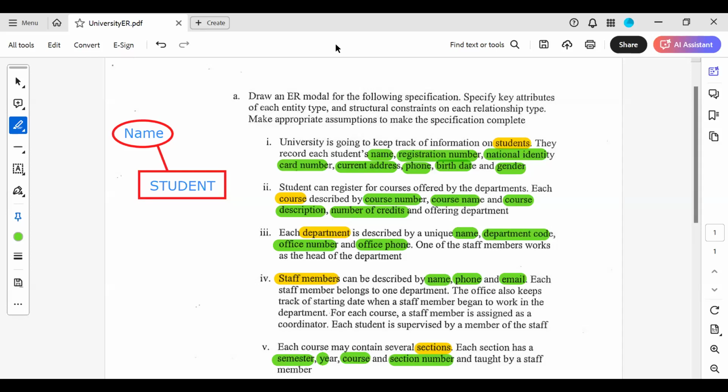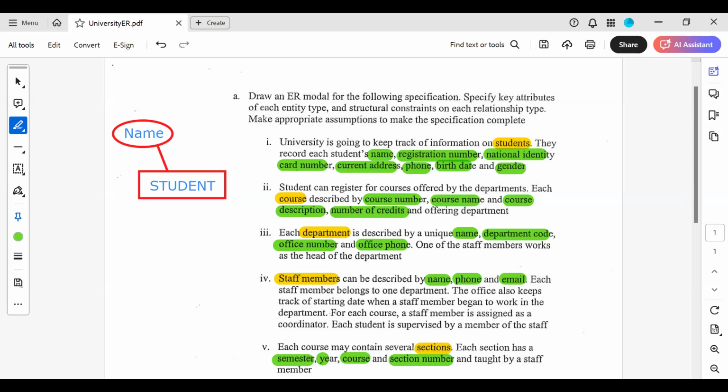Right. Now, can you tell me what the relations are? Students register for courses. Exactly. So you can say register is the relation, and then you can connect student with courses.